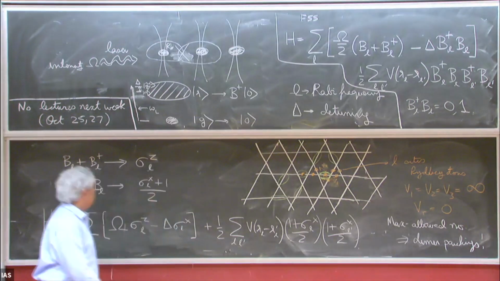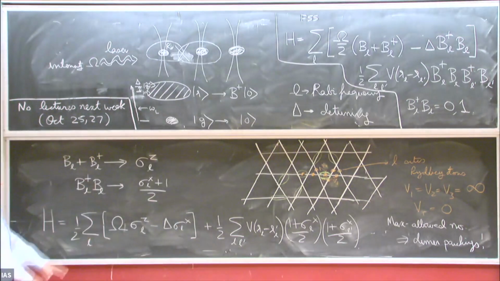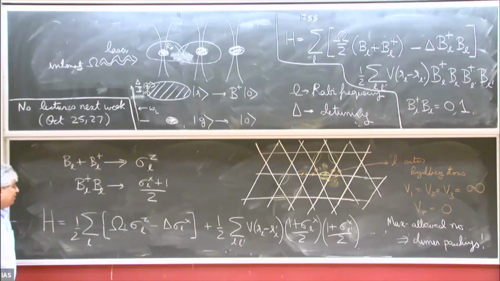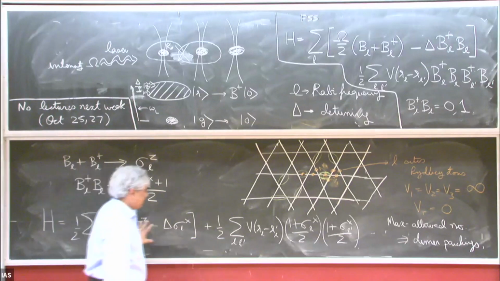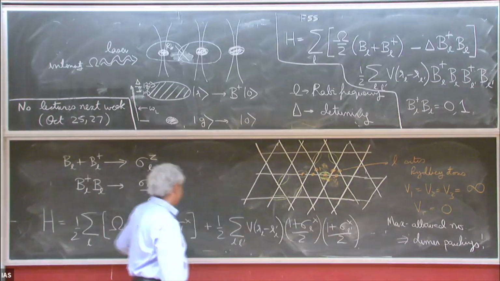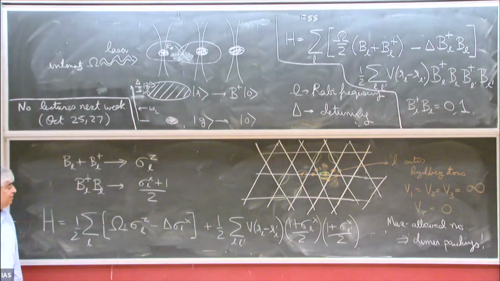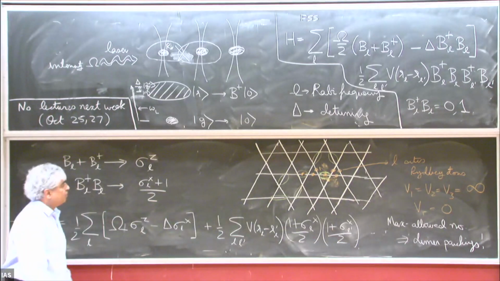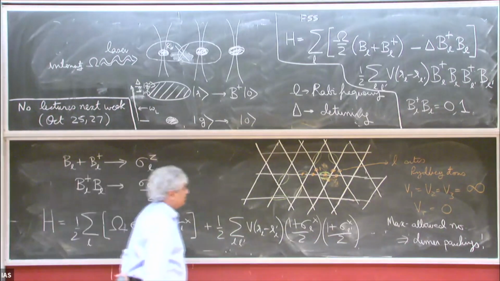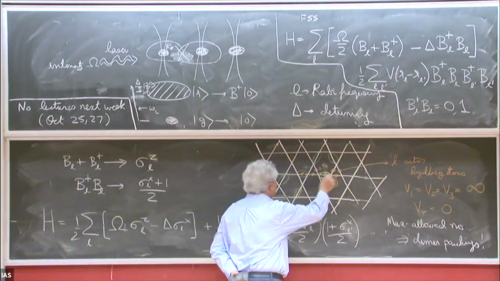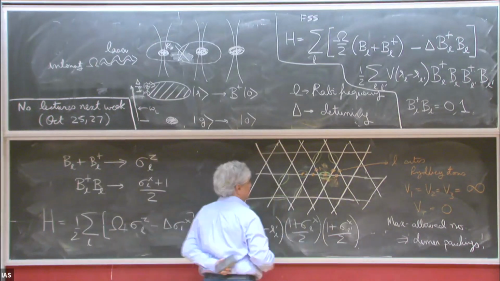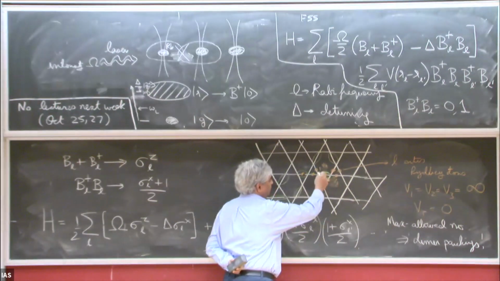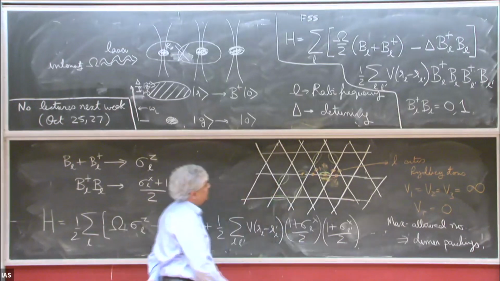Okay. Let me also say one more thing. That's exactly how things evolved in the past year. But let me look at this and try to say it in a slightly more general way. What we have done here is, we have a term in the original Hamiltonian where you can add and remove dimers.